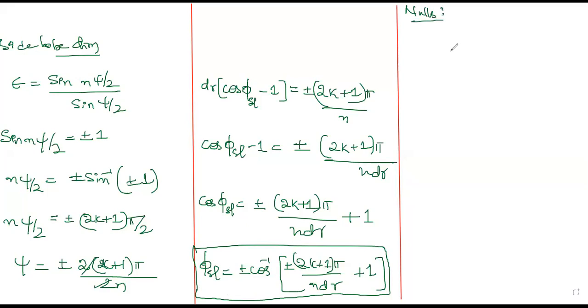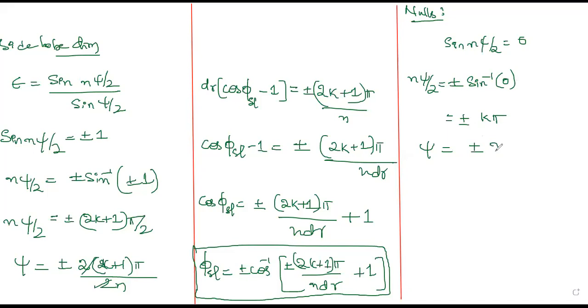Yes, ma'am. Okay. The next thing is you have to find out for nulls. For nulls, again, the numerator should be equated to 0. So consider sine n xi by 2 is equal to 0. So n xi by 2 is equal to plus or minus sine inverse of 0. What is the general equation? K pi. So bring it into the form of xi.